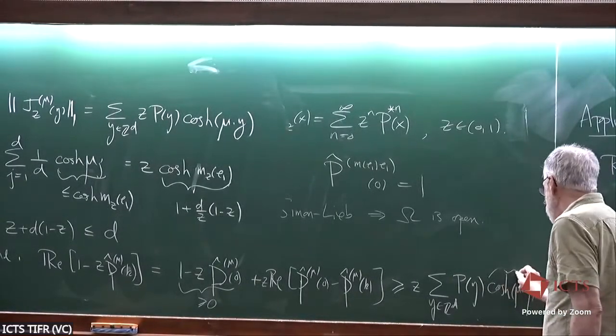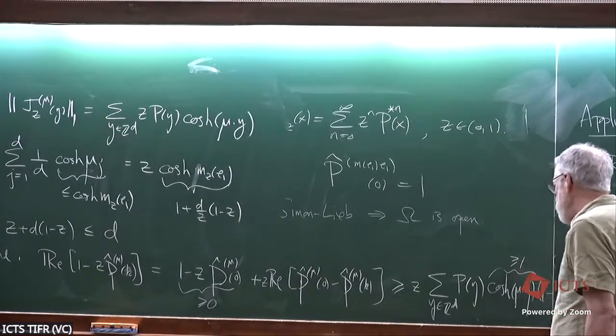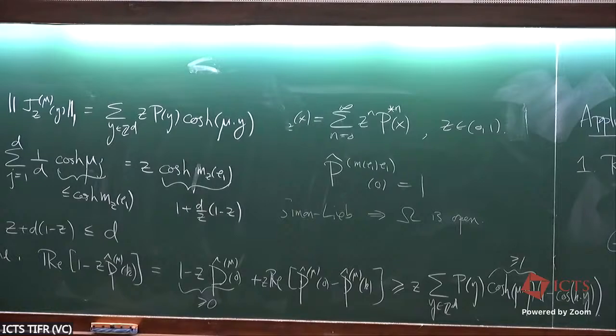And, you know, this thing here is greater than or equal to 1. We're looking for a lower bound, so I'll throw that away. And, you know, what are we looking at?